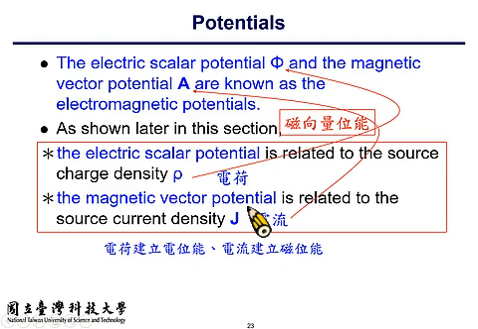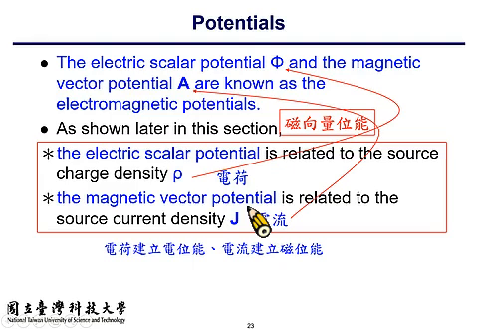Before we push further, let's wrap up a little bit about the relationship between the magnetic vector potential A and the electrical scalar potential. In this slide, it says that the magnetic vector potential A is directly related to the source current density J. We also know that J, the electrical current density, is the fundamental source of magnetic field.